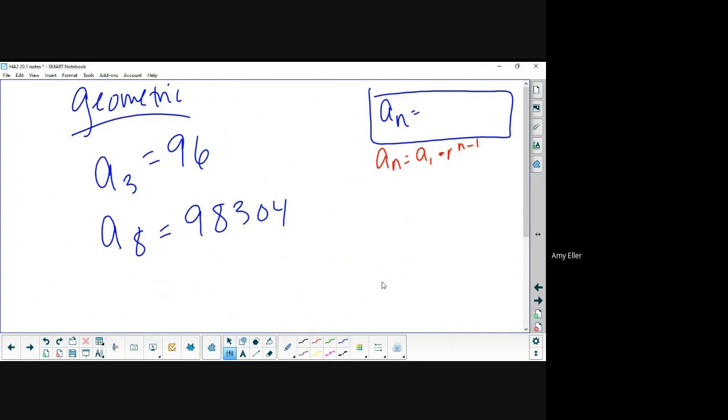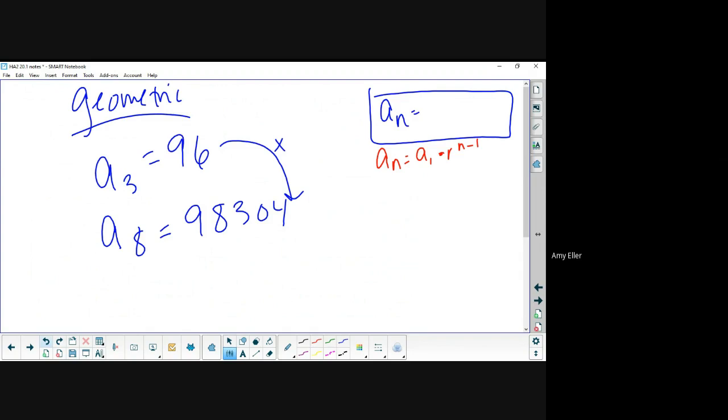Let's think about how we did arithmetic. When we did an arithmetic sequence, we wanted to know from here to here, how much did we add? Are we adding in geometric sequences? No. For geometric sequences, we want to know how much am I multiplying. So I want to know 96 times what gets me to that large number?